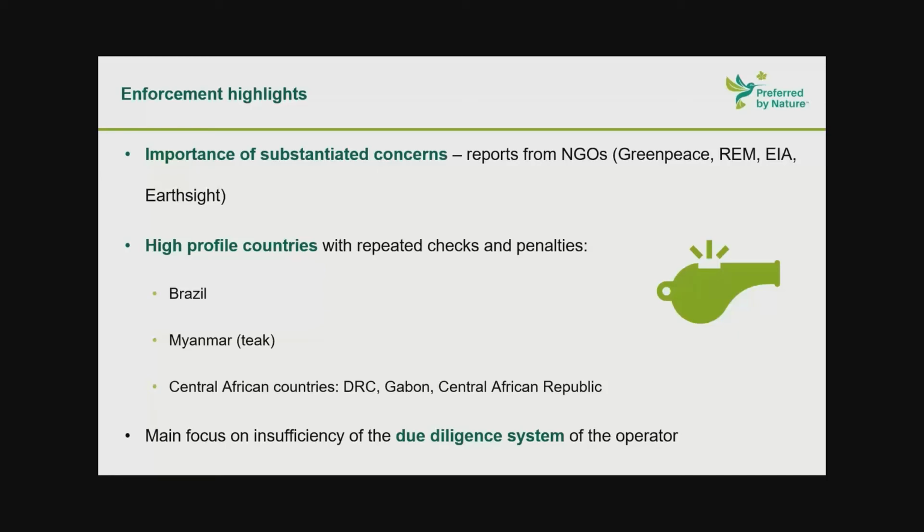Companies importing from high-profile countries also have a higher probability of control and also a higher probability of being in violation of the regulation. So that's also something you have to keep in mind.